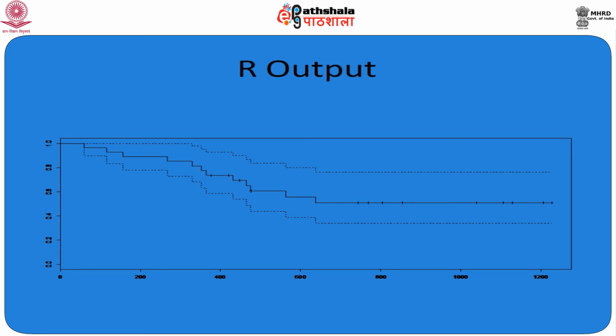You can see that initially it started from 1 and keeps on decreasing, and after 600 days it's stable at nearly 0.5.